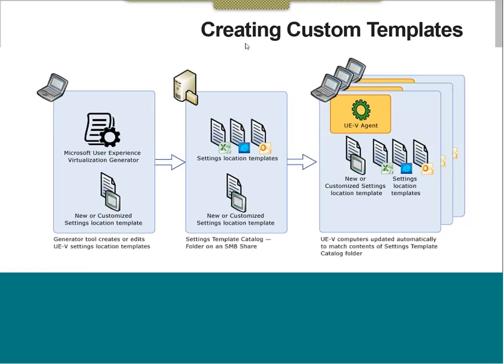Now, when I set this location up, I can also specify whether to override the local templates as well, in which case I need to copy the local templates up into the custom template directory. This then allows me to customize the default templates that come with the product, okay, and then push those out to all the clients.